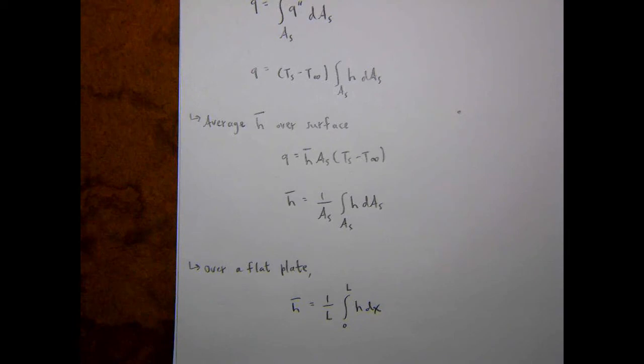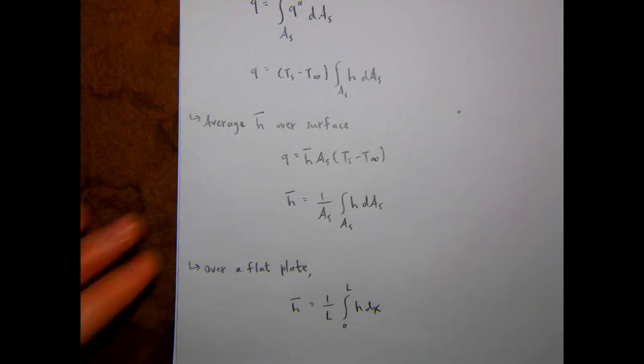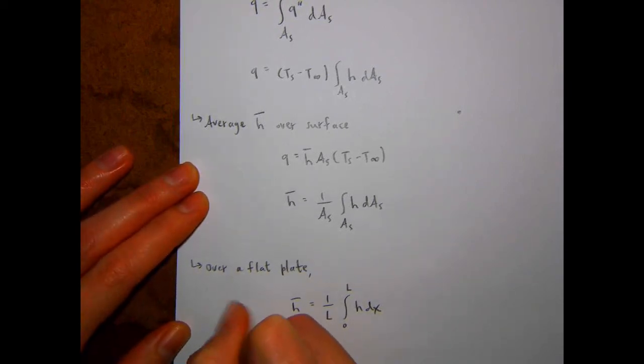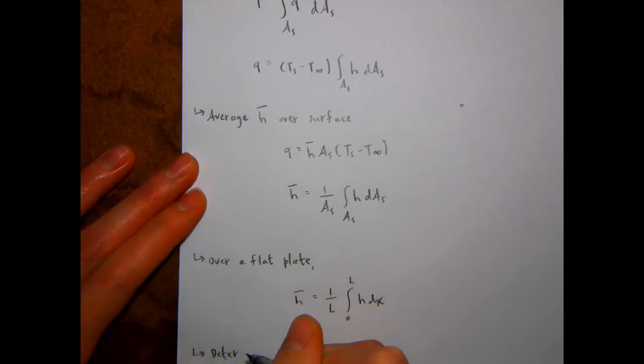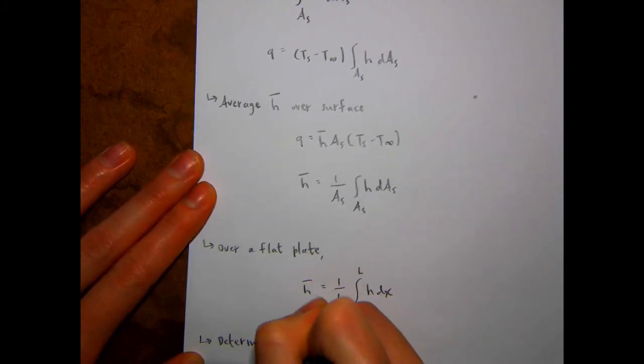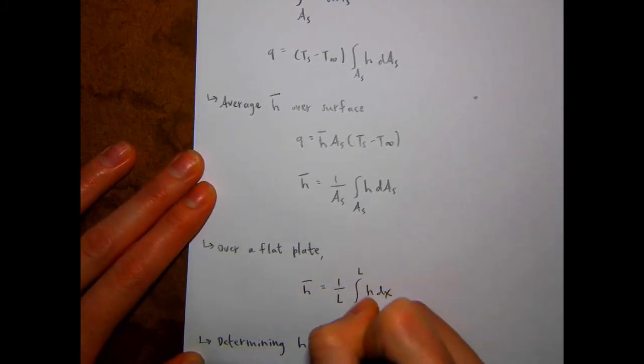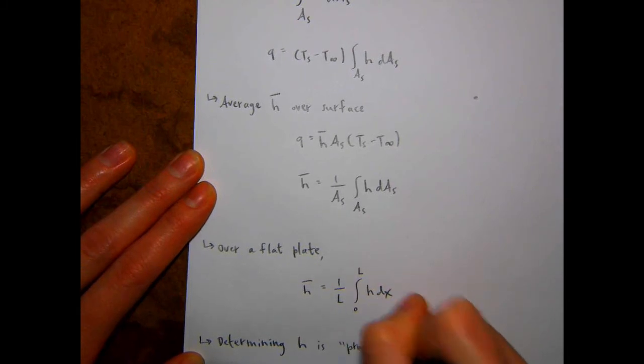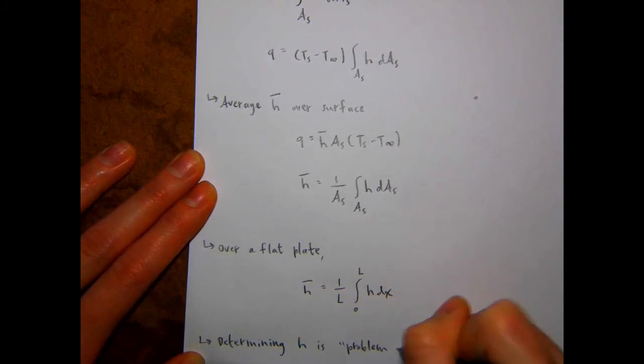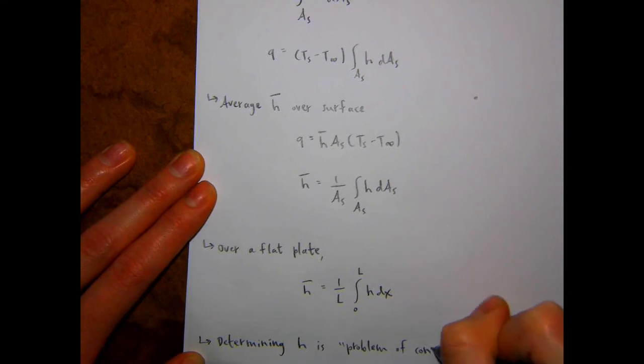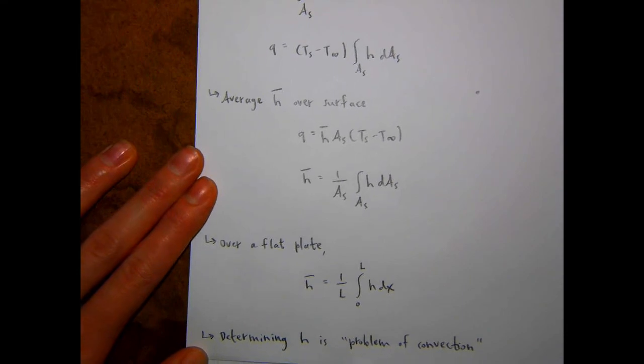So calculating q always depends on knowing h, the convection coefficient. And we showed that that depends on the boundary layer, right? So that's determined by the fluid properties, surface geometry, and flow conditions. So, our culminating statement, we can say determining h is often called the problem of convection. And that's what a lot of the rest of the convection chapters are going to be devoted to: determining h for different physical situations.